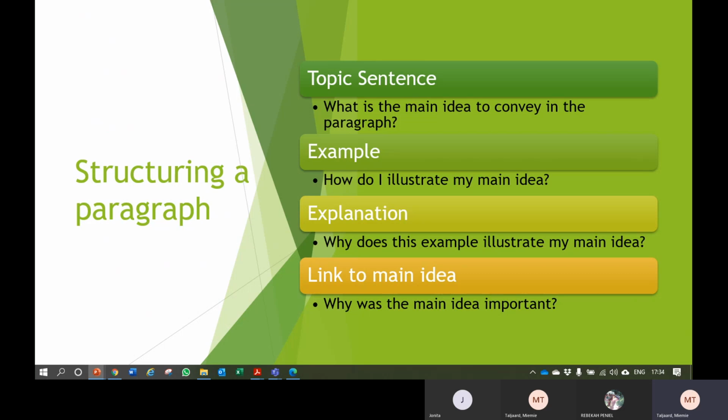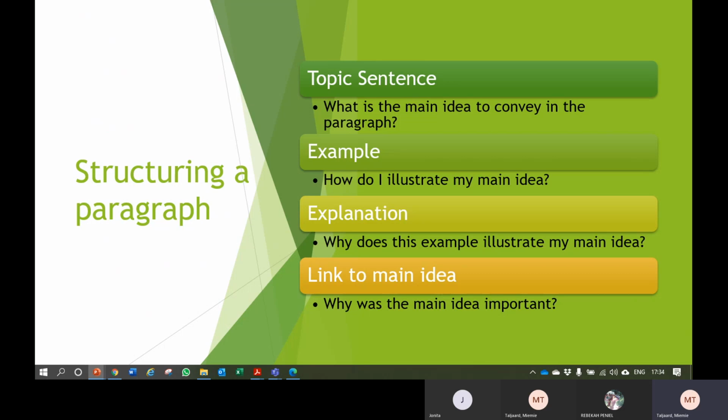When I worked with another class, I explained to them that an essay is like a necklace, and a paragraph is like a bead. And these transition words keep the beads together.